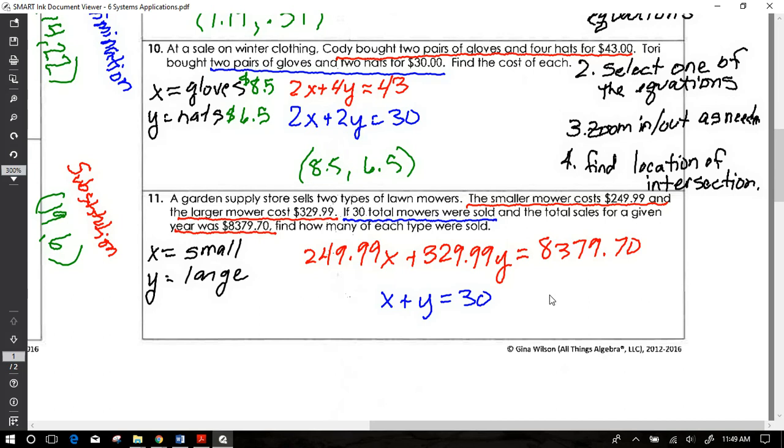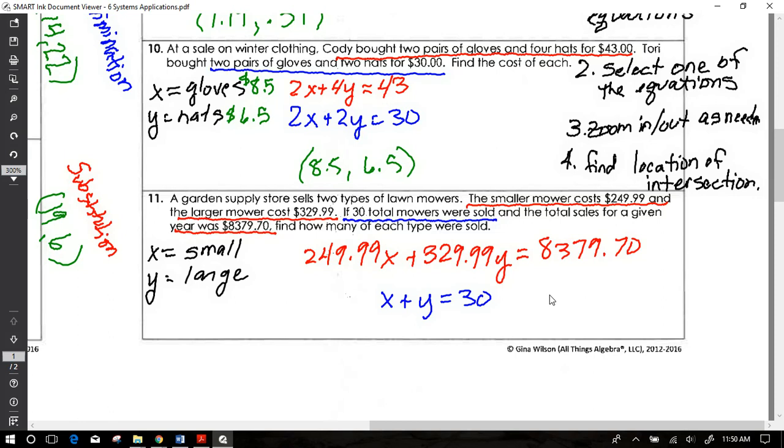And even though this is in a different sentence, they were telling me the total sales in a given year was that cost. So everything relating to money was in my very first equation. And then the second equation was the total number of lawnmowers sold was 30. So just how many small ones, how many big ones, and then the total equaled 30.